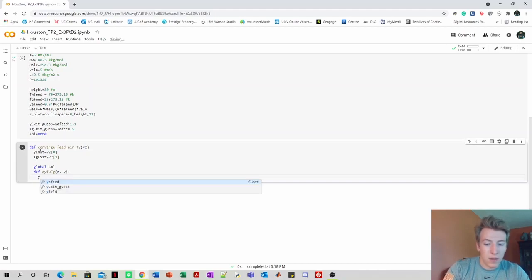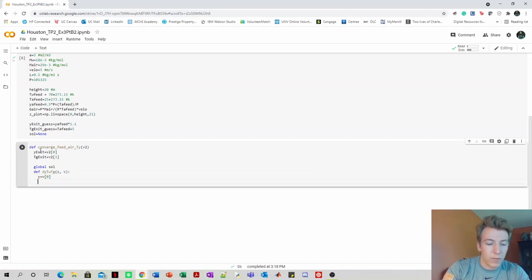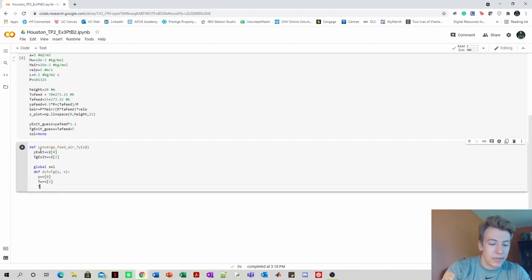So y is going to be equal to the inner scope V for the first value, 0. Then we have the TW evaluated at V for the second point, and then TG, which is going to be evaluated once again at V inner scope for the third point, for 2 there, that is.